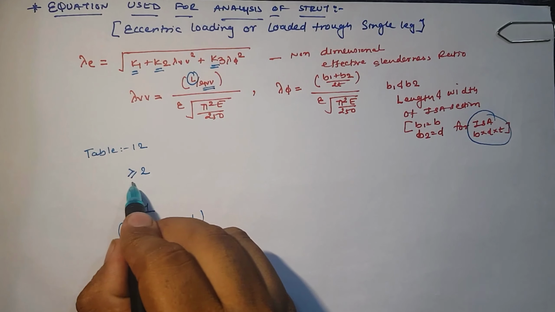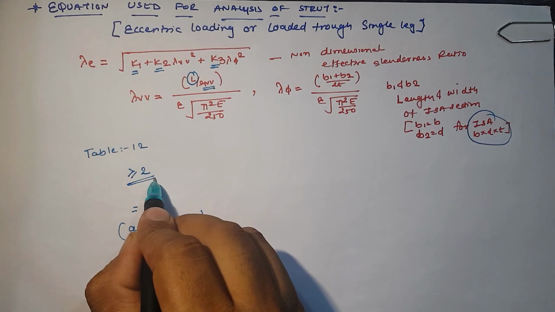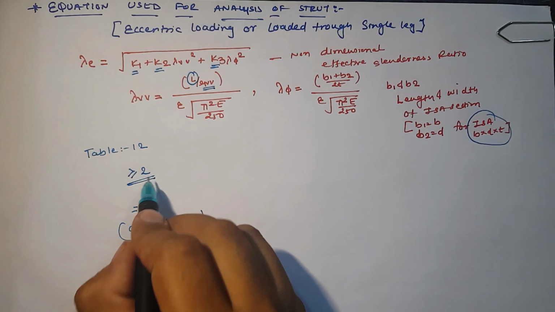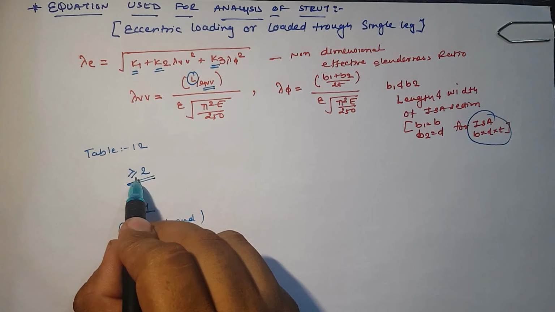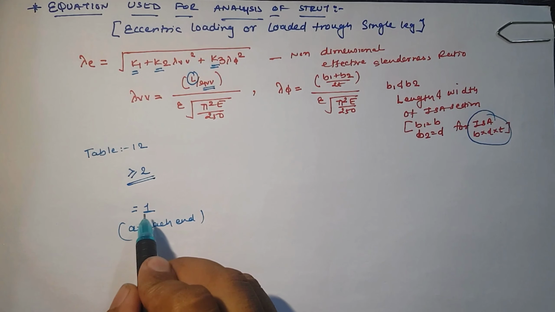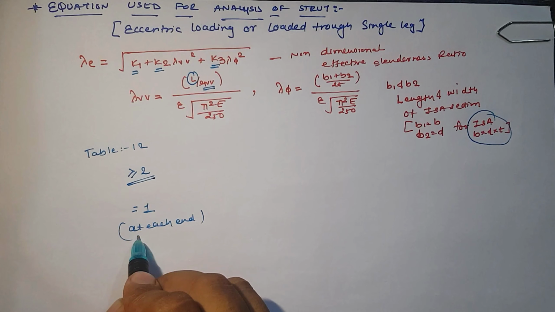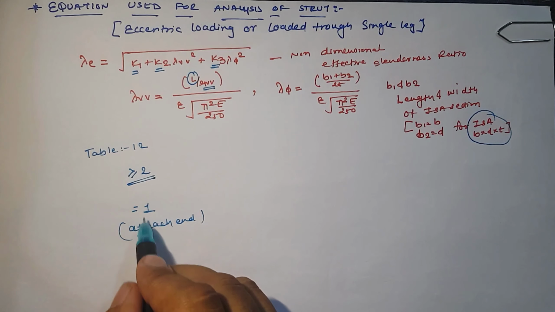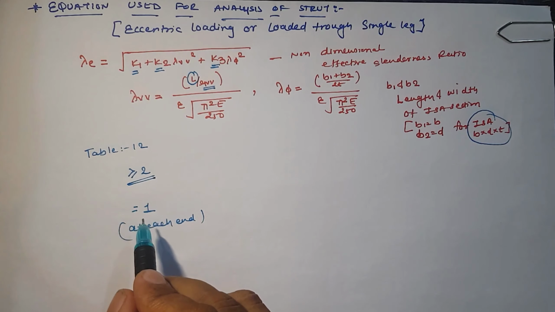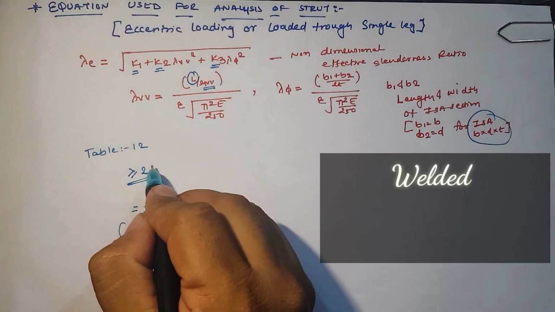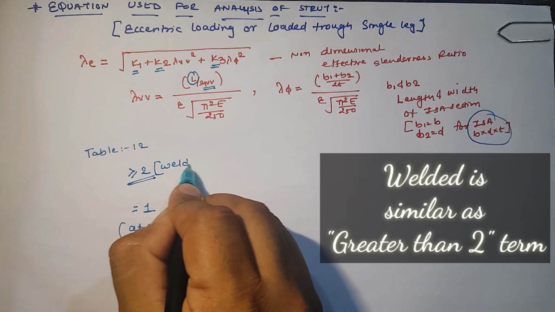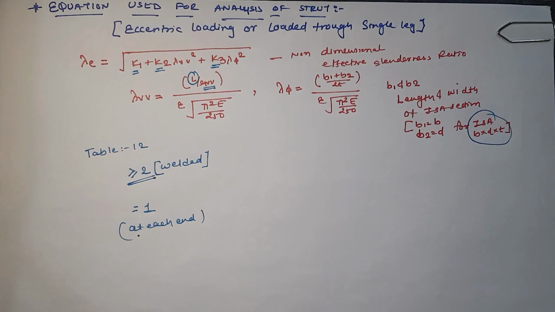If the total number of bolts is given as 4 or more than 4, it means that at each end it is equal to 2 or more than 2, and if the total number of bolts is 2, then at each end it is equal to 1. So according to that we have to assume greater or equal to 2, or equal to 1, or we can say that greater or equal to 2 is similar for a welded connection.